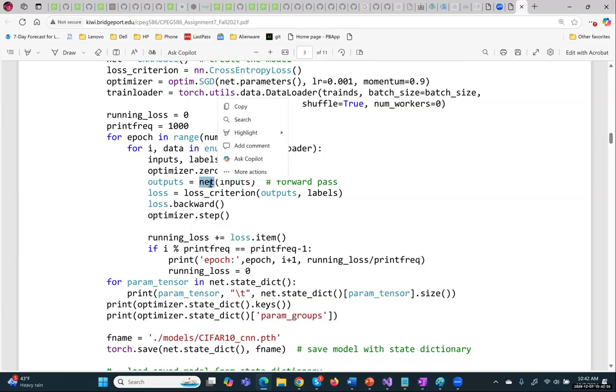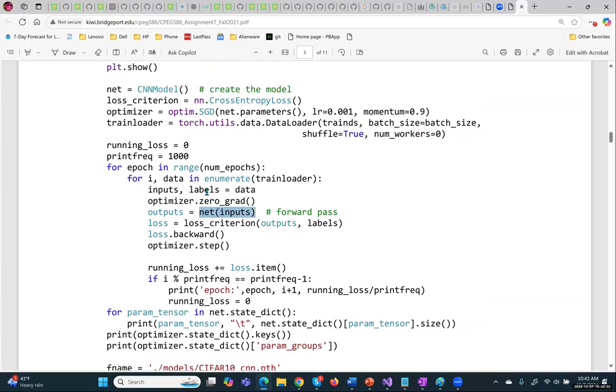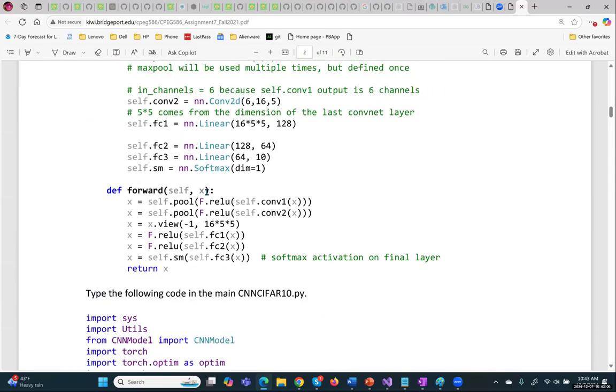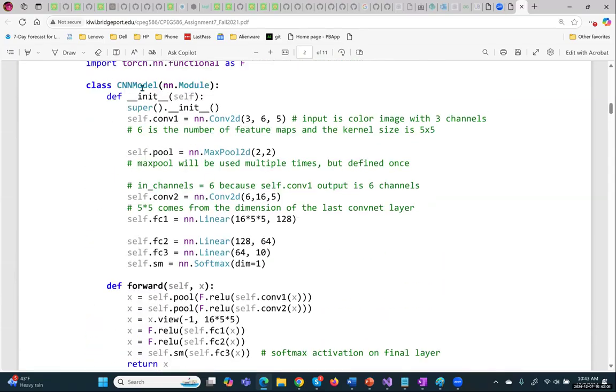Once we pass net of inputs, which function does it call in our network? See if I go to our network. This is the net that we created. If we call that object net equal to CNN model, then if we say net and within parentheses, we give it some input, that's the input we are feeding it.